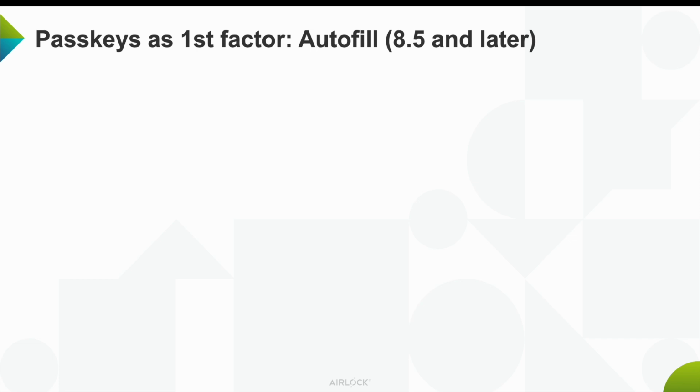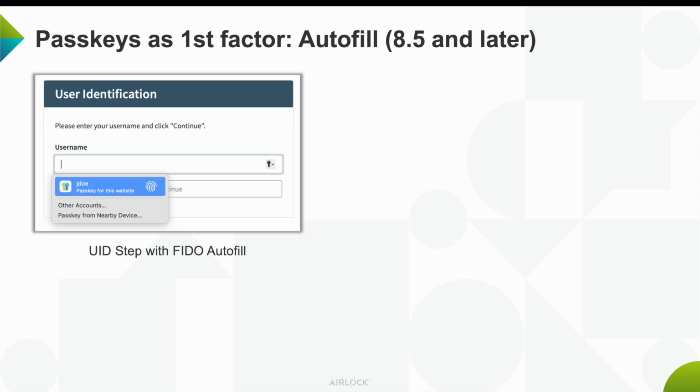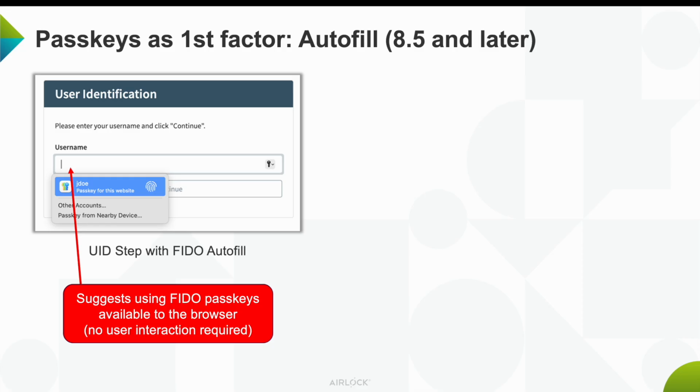So how does it work? With the autofill feature, the user is directly shown available passkeys just when opening the login screen. Here, a user identification step with FIDO autofill. So the browser automatically suggests usernames.